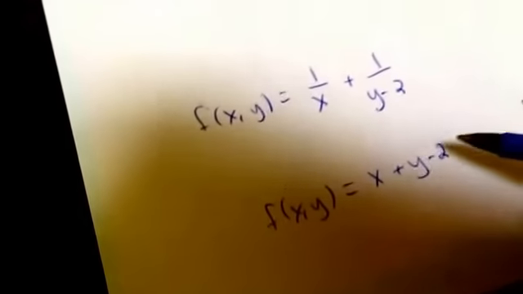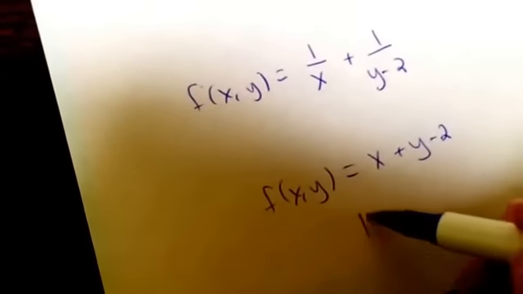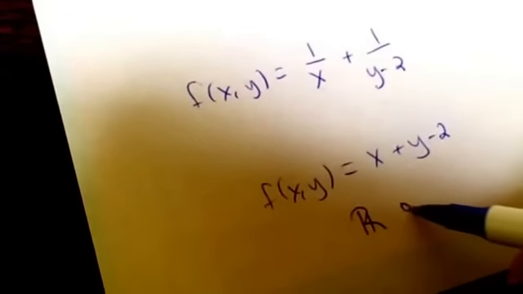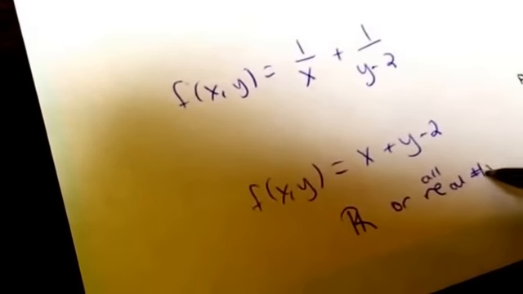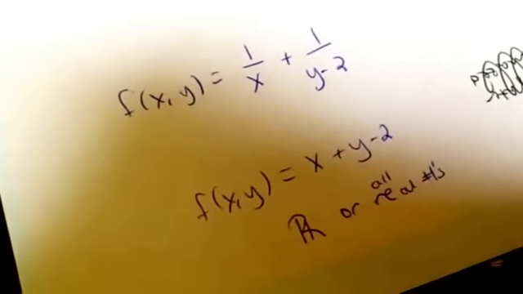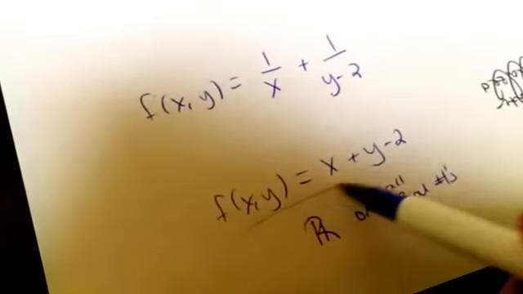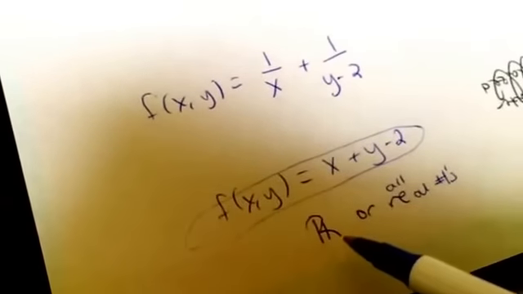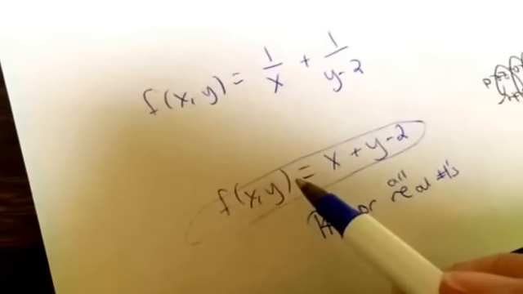But if you had something like this, well, then you can plug in whatever you want to. So before in algebra, when you were allowed to plug in whatever you want, a lot of people wrote this, or all real numbers, which was fine when the domain was one-dimensional. But the domain here is two-dimensional. So if you write this, that's wrong, because this is one-dimensional, and the domain here is two-dimensional.